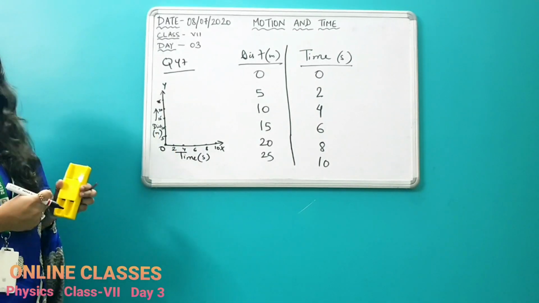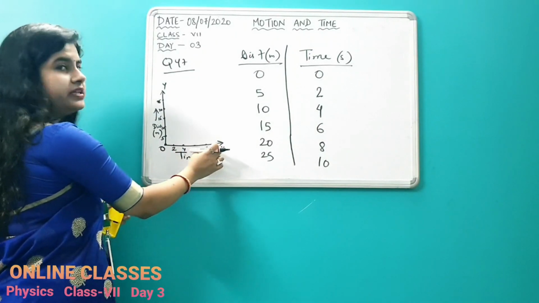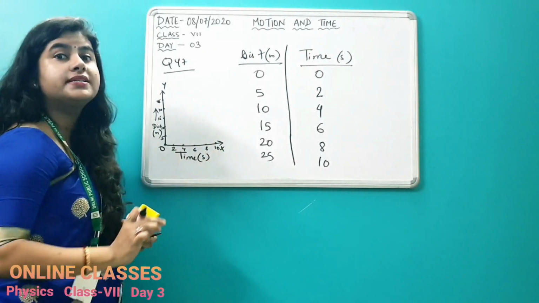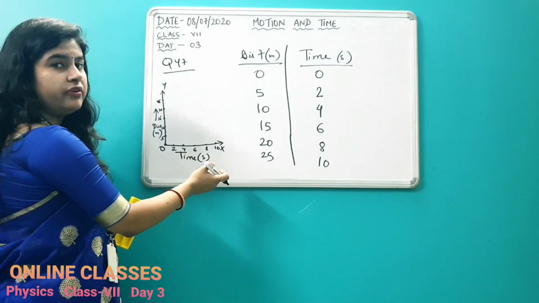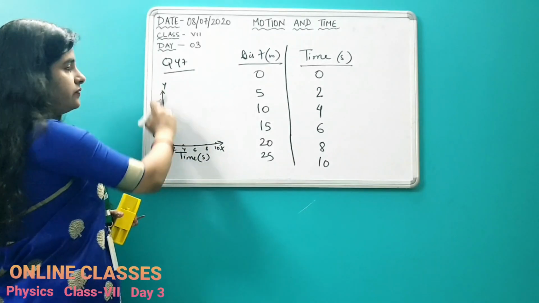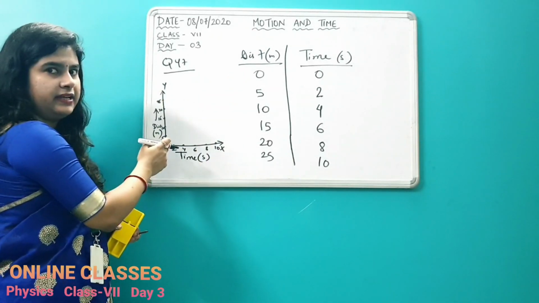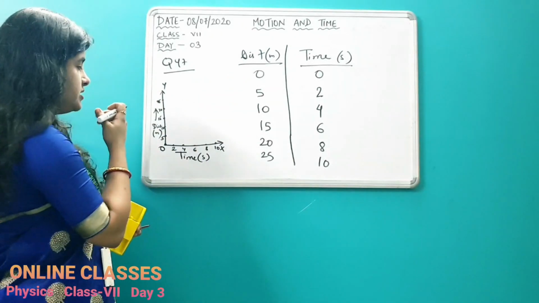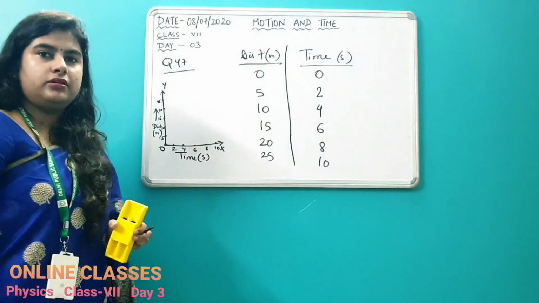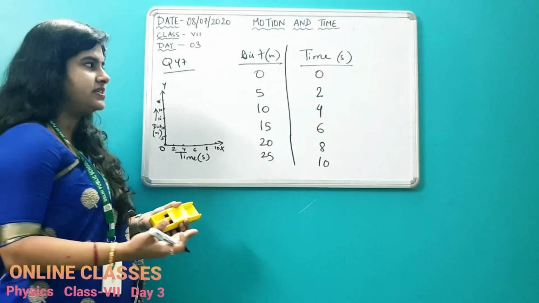Note one thing, that whatever units you are taking, the gapping should be the same. The time is increasing by 2 seconds, and in case of distance it is increasing by 5 meter. Now let us plot the points given to us.